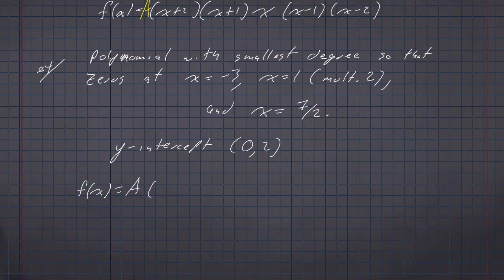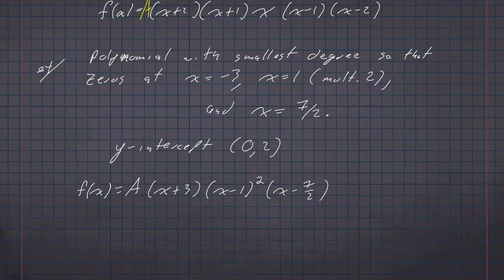To get a 0 at x equals -3, that means we need a factor of x plus 3. To get a 0 at x equals 1, that means we need a factor of x minus 1. To get that to have a multiplicity of 2 means we have to square it. And to get a 0 at x equals 7/2, we need x minus 7/2.